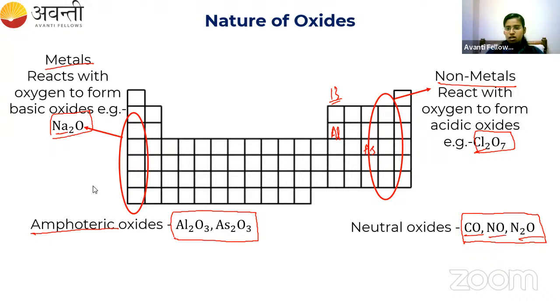Varalakshmi, metals' reactivity increases down the group because they are becoming more electropositive. If I'm going from left to right, electronegativity increases, right? In the same way, electropositivity increases on moving down the group. If electropositivity increases, then that particular metal will be more reactive in nature.